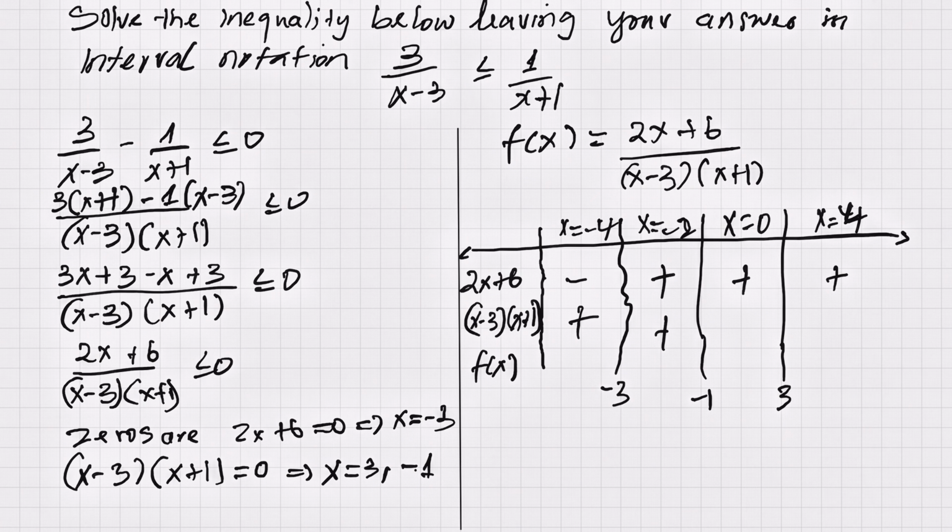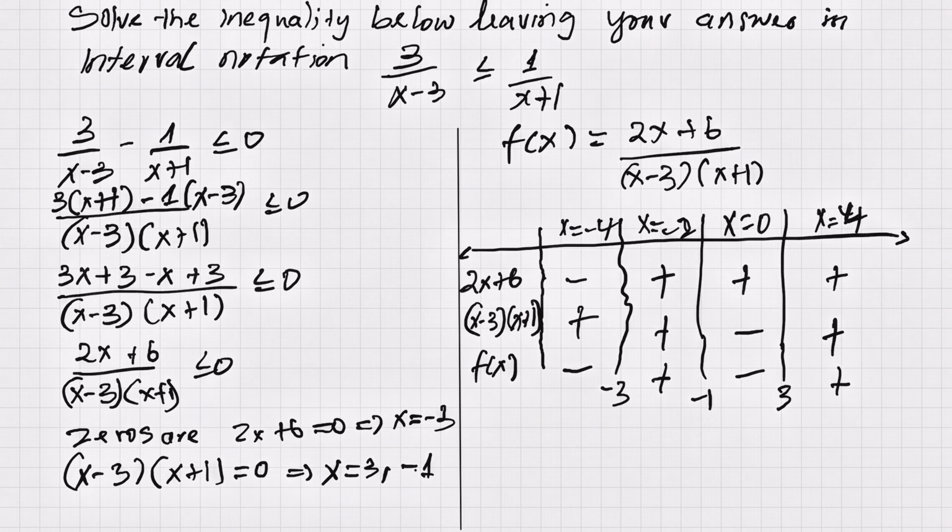If we put 0 there, we are going to have a negative, because negative 3 times 1 is negative. And 4 there will give us positive. So the sign of f of x will be negative over positive, which is negative; positive over positive, which is positive; positive over negative, which is negative; and positive over positive, which is positive.